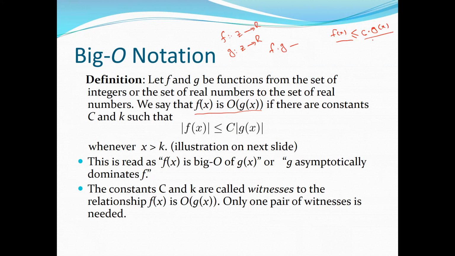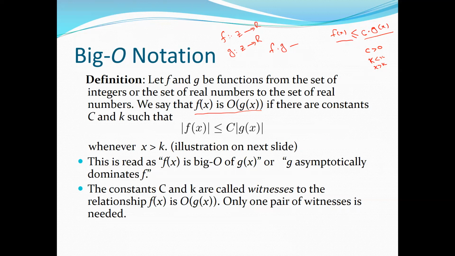And for that, there are some conditions. One condition is that c should be greater than 0. Then there is another constant k, and x should be greater than k, for some constant value k. So what does it mean?